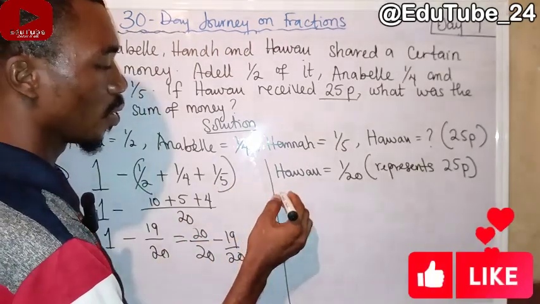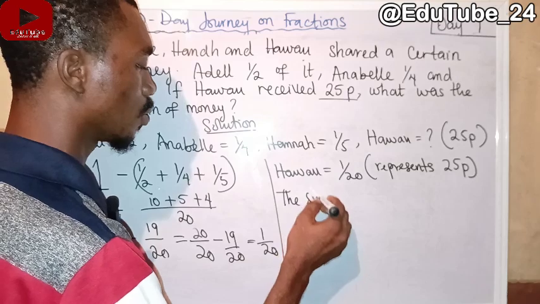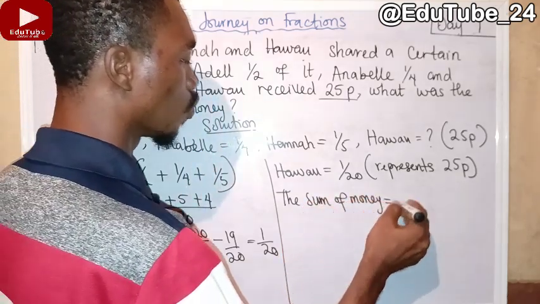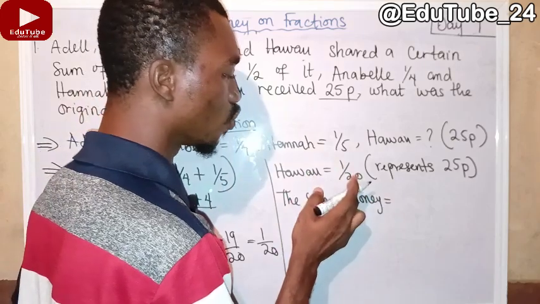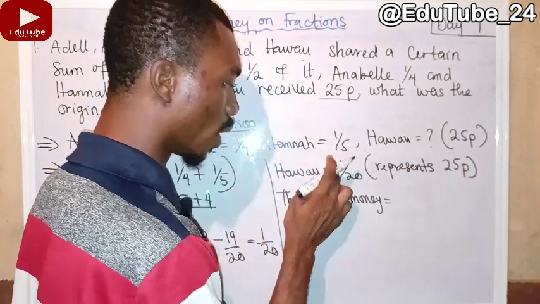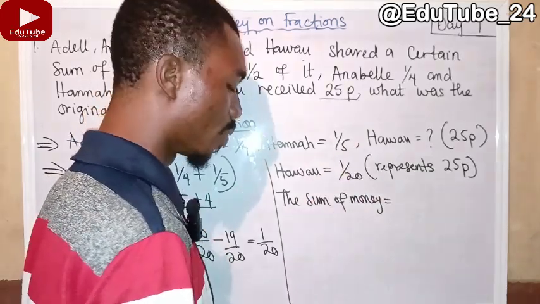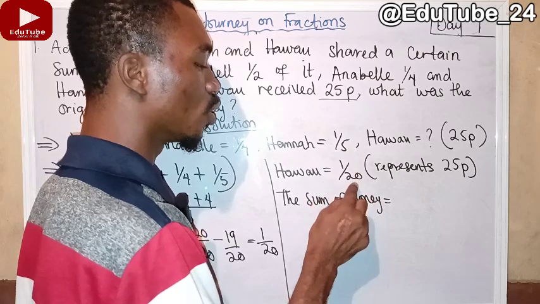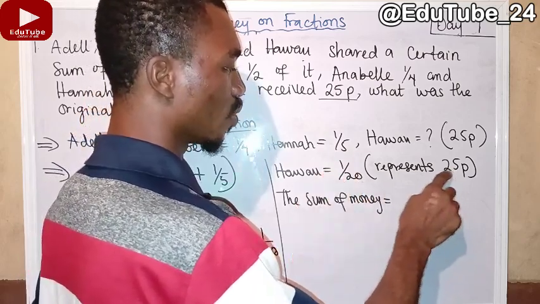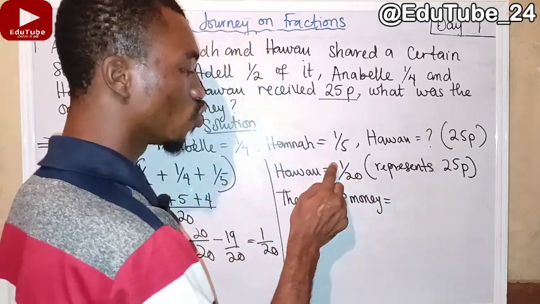So I'm going to say the sum of money is equal to, as I was saying, if 1 over 20 of the entire money represents 25 pence, that is 1 out of this 20, take note of out of, that means the entire money is this 20, then 1 out of it represents this 25 pence.